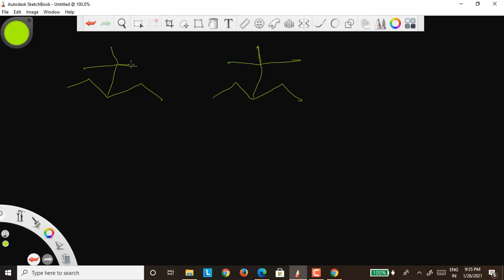So this numbering you can give like this, which is correct. Let us check. You can give numbering 1, 2, 3, 4, 5. Or you can give numbering like this 1, 2, 3, 4, 5.